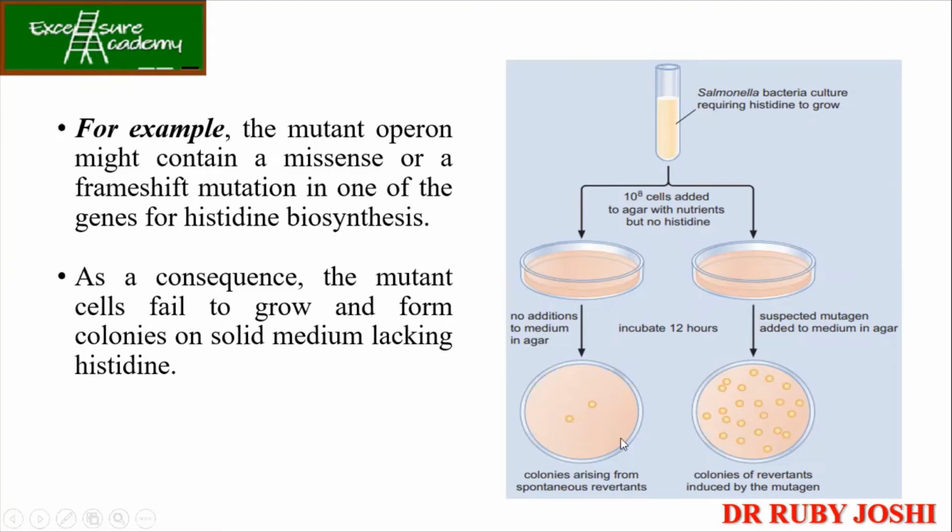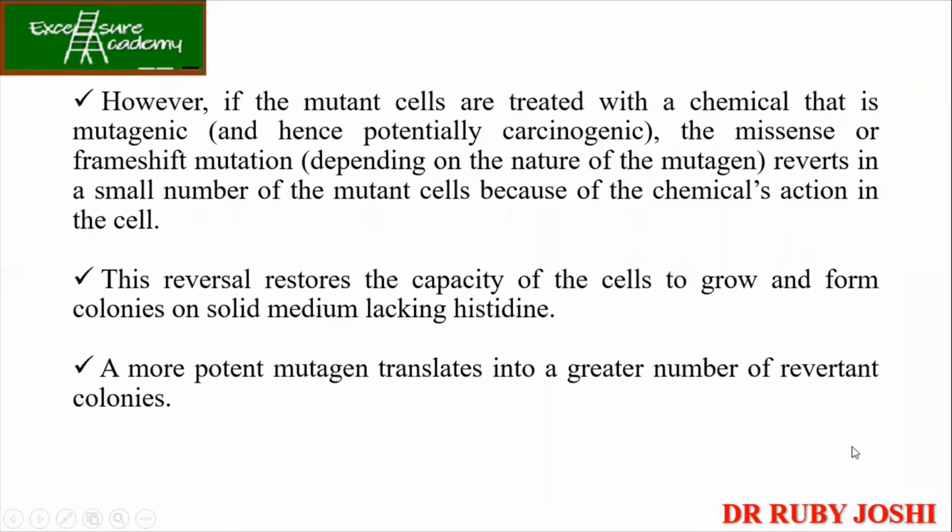So you know what will happen: if the medium has no histidine, they cannot grow. Correct? But if you add the suspected mutagen and you see that there are so many colonies, it means what? It has been reverted, induced by the mutagen. So it has that potential carcinogenic activity.